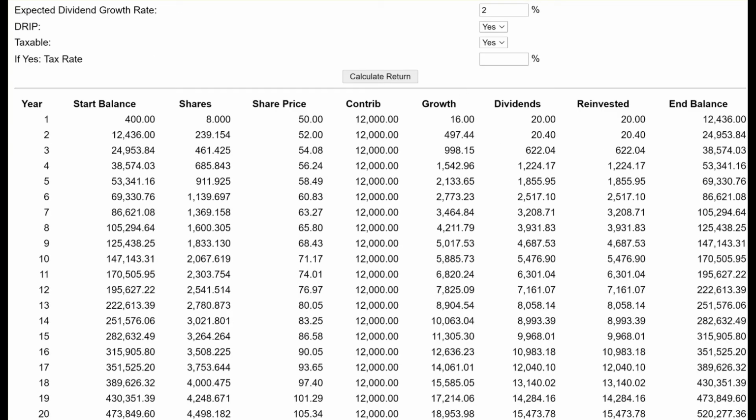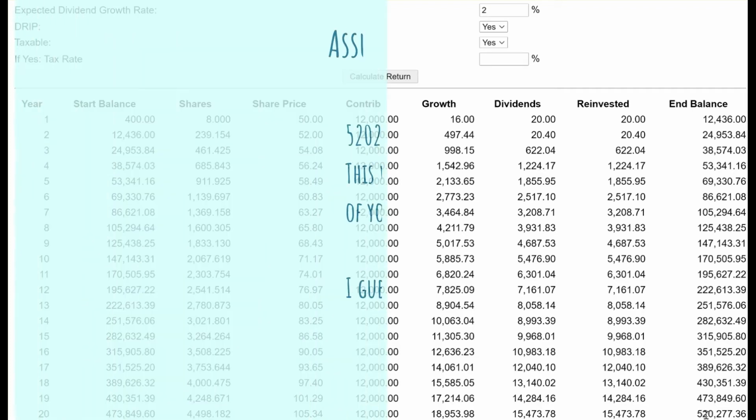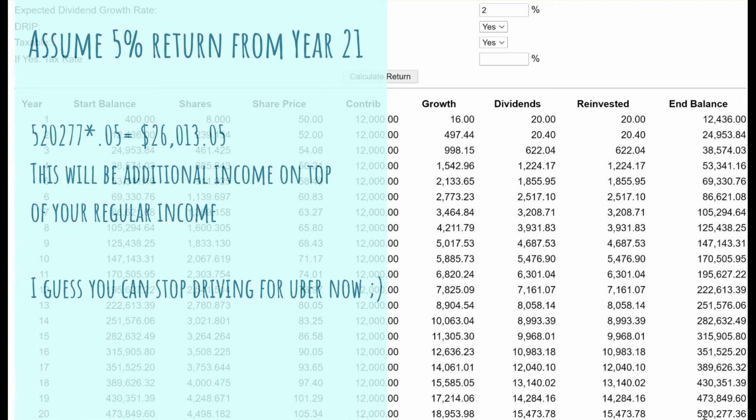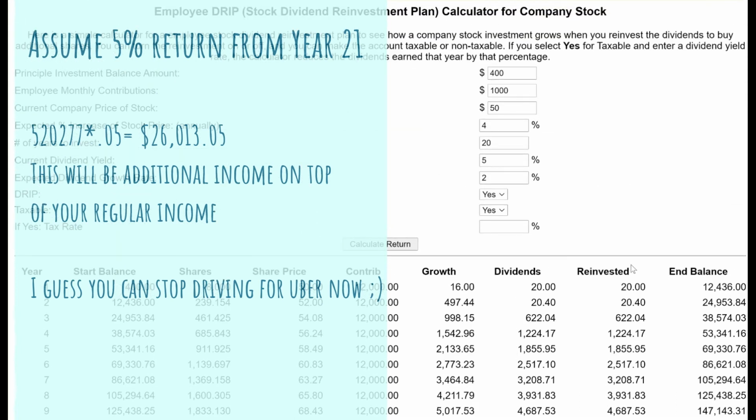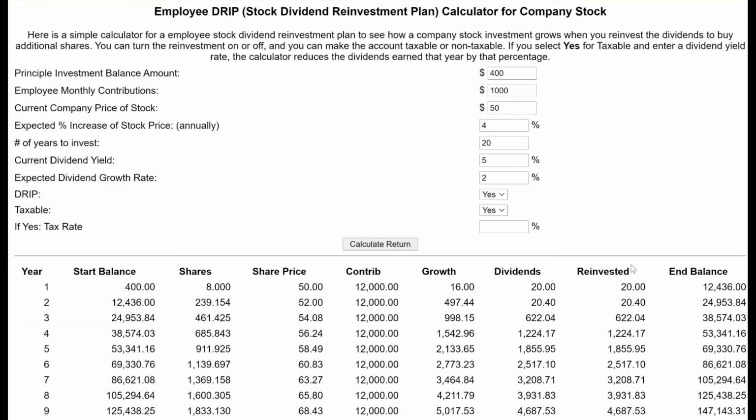In the 21st year, think he's going to get a 5% return of that 520. That's approximately $27,000 a year, right? That's almost like half the salary that you make from an average job in US, right?